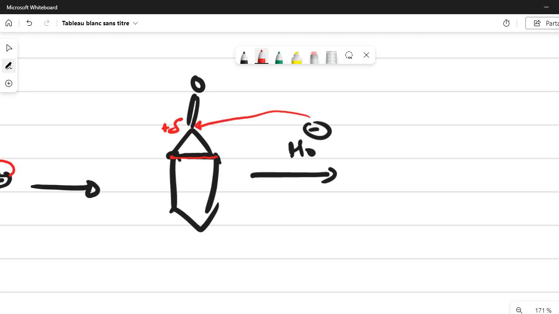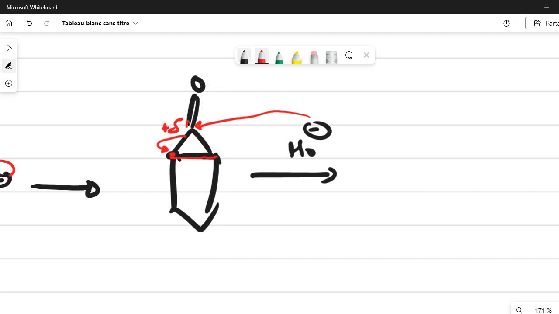We're going to attack the carbon attached to the oxygen. But we're not going to do it as usual, so it is not going to be this way; it is going to be this way on this carbon.